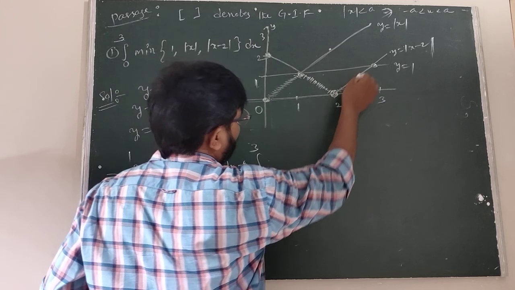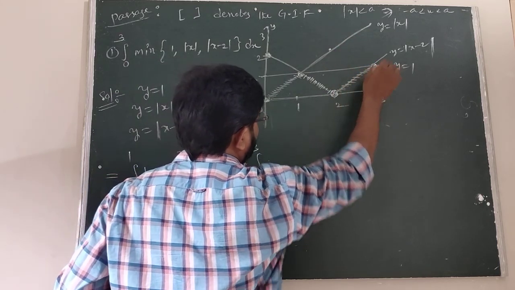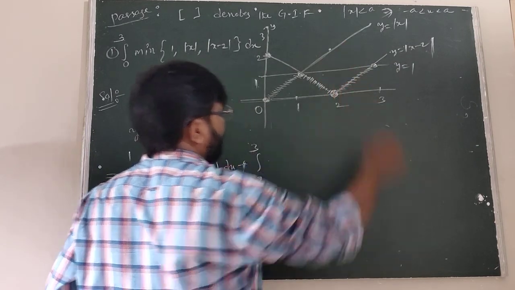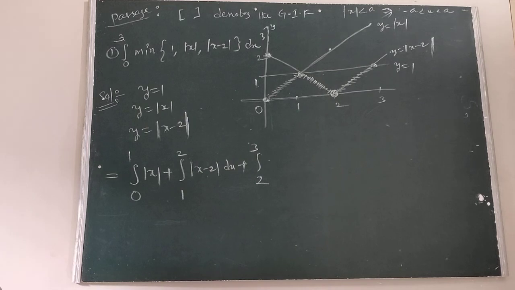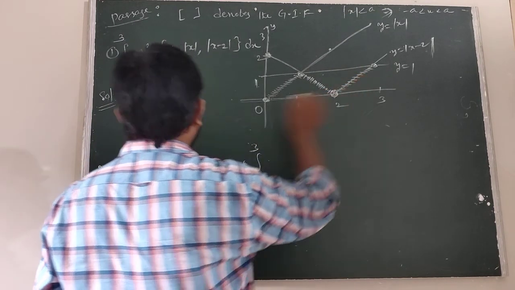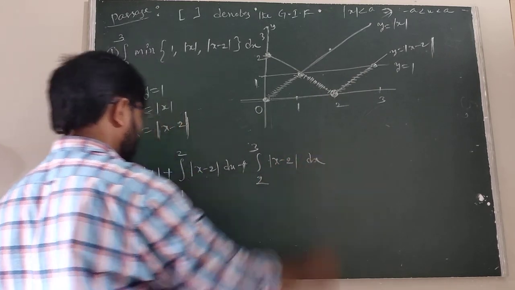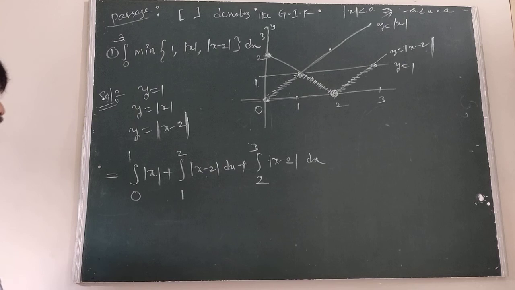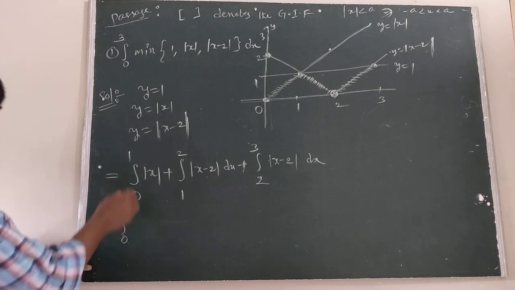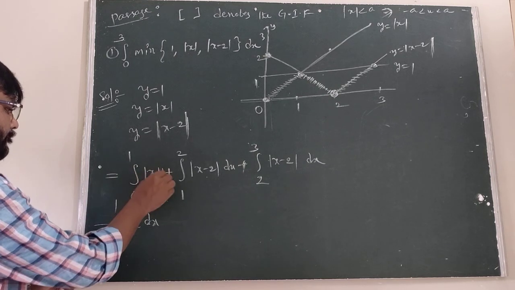The minimum is only this one, since the others are above. Therefore, in 2 to 3, the minimum is the graph of modulus of x minus 2 dx. We have to know that, all of you listen here, the integral 0 to 1 is of the positive x dx.